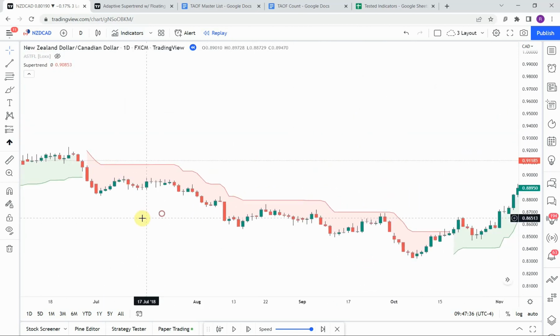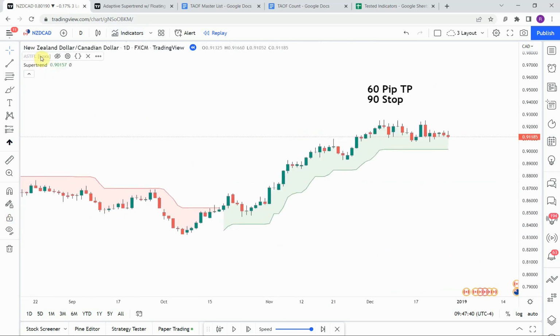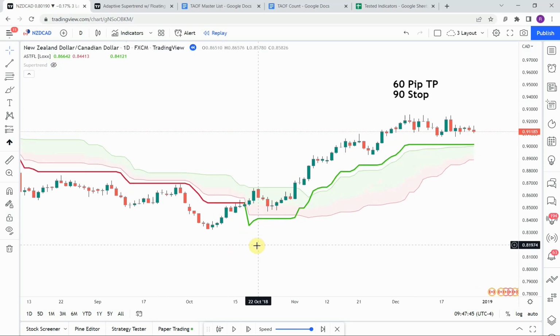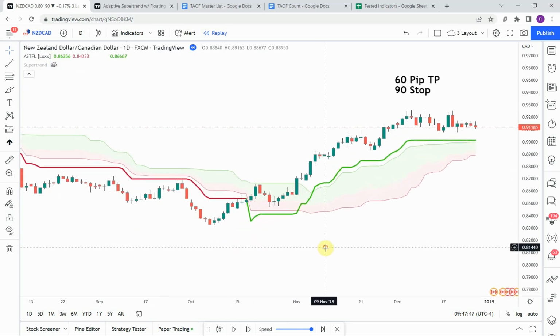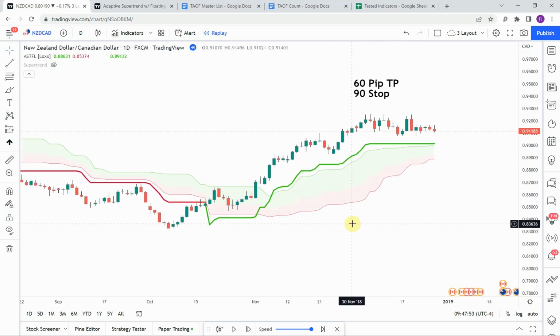And the same way when price is below, it fills in all the way down to price action. The other one, the adaptive super trend, doesn't quite do that. The fill-in acts as this cloud right here that separates itself from the price action itself.